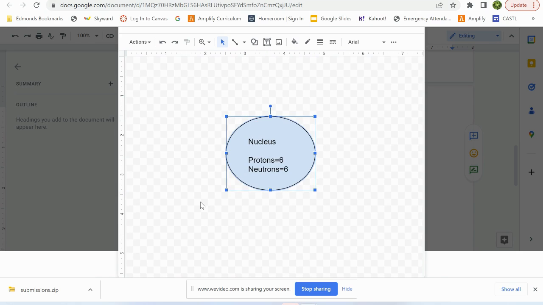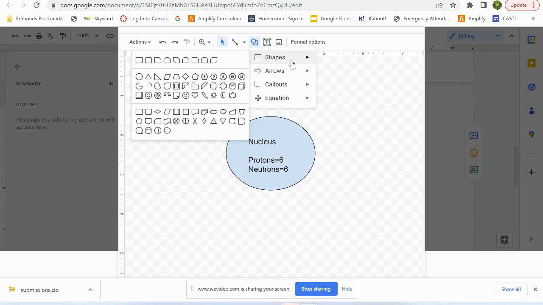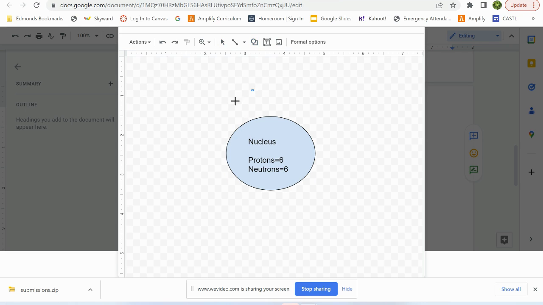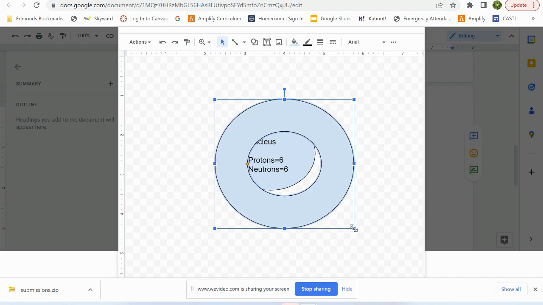Now, what surrounds the nucleus? Those are the atom shells. So I'm going to put another shape, and it's bigger.